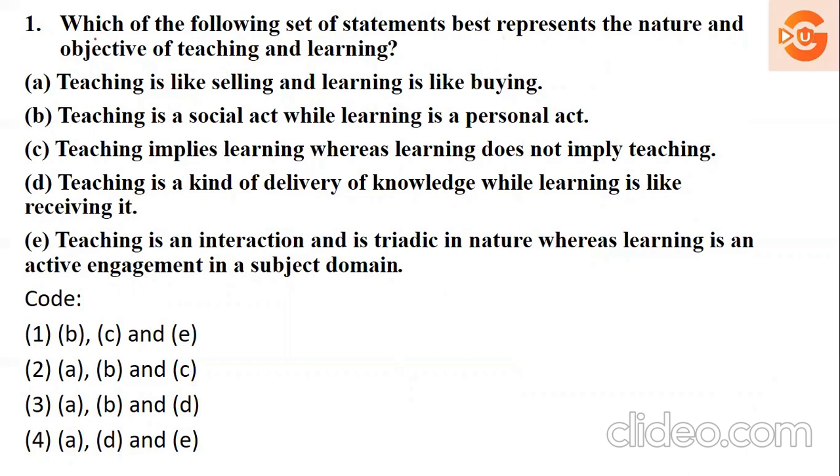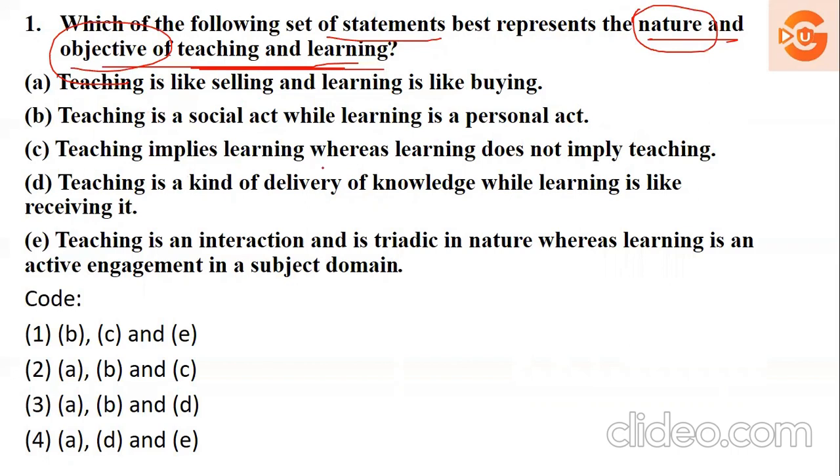Okay, let's read it once again. Which of the following set of statements best represents the nature and objective of teaching and learning? Here you have been given two words, that is nature and objective of teaching and learning. Teaching is like selling and learning is like buying. Teaching is a social act while learning is a personal act.